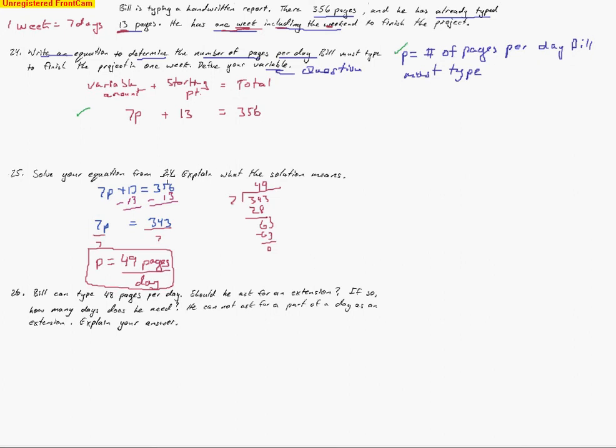But the next part says explain the solution. So we had to solve and explain. We would say Bill must type 49 pages each day for the next 7 days to complete the project on time.